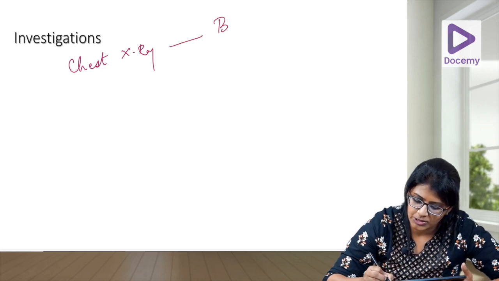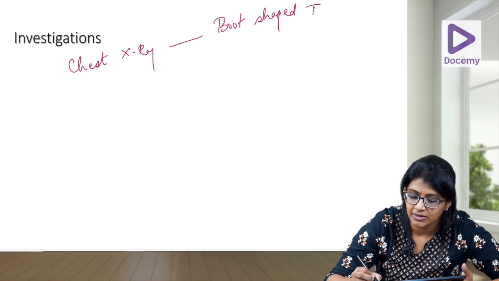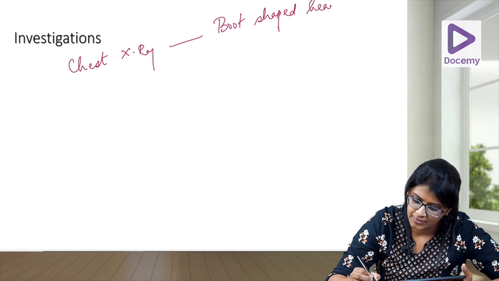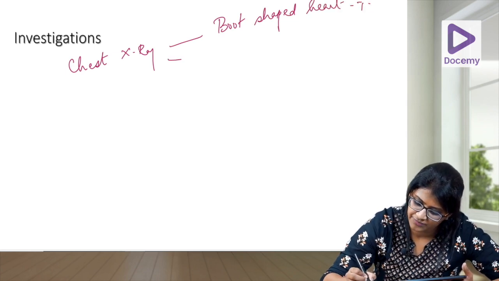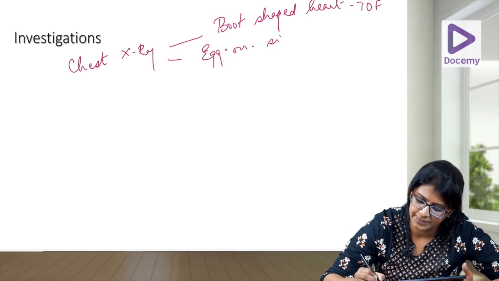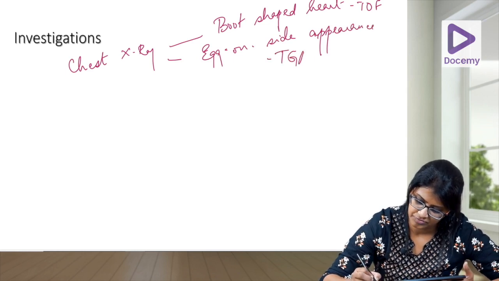One is the boot shaped heart, which we always see in TOF. You have the egg on side appearance, and that is in TGA.